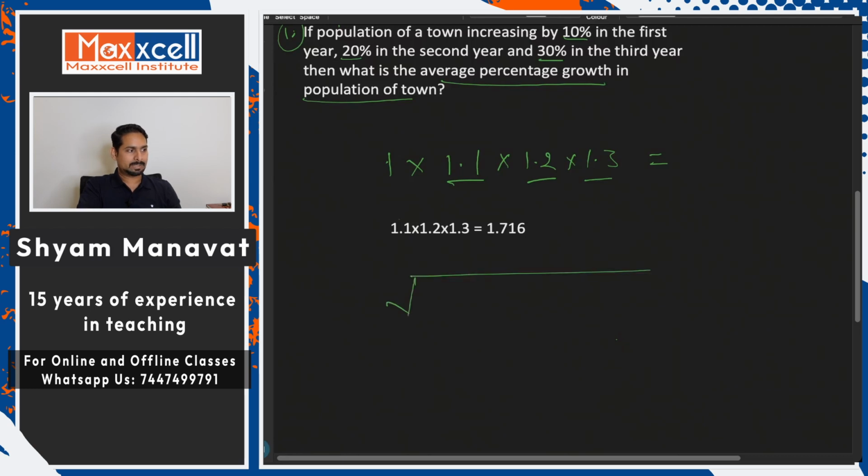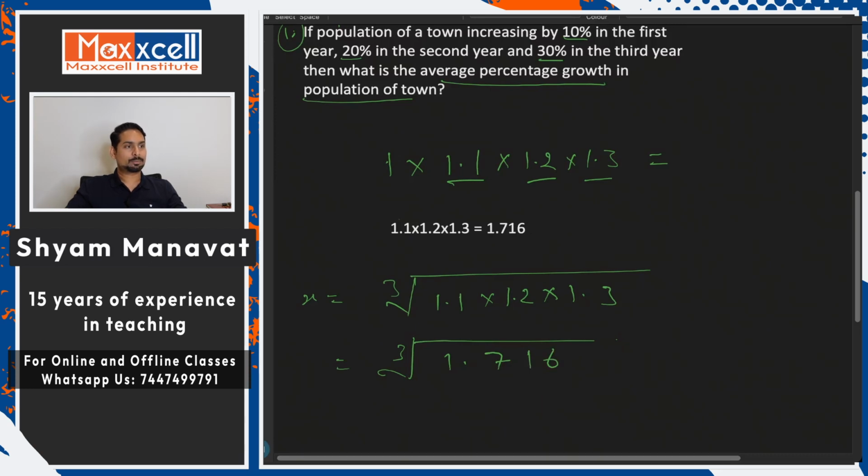So the value is the cube root of 1.716, or you can also say the cube root of 1.1 into 1.2 into 1.3. I just calculated the product of this, so I can write 1.716.